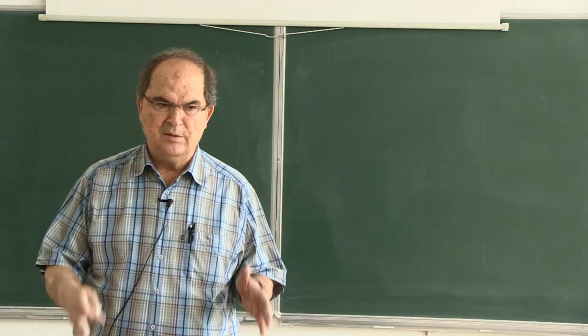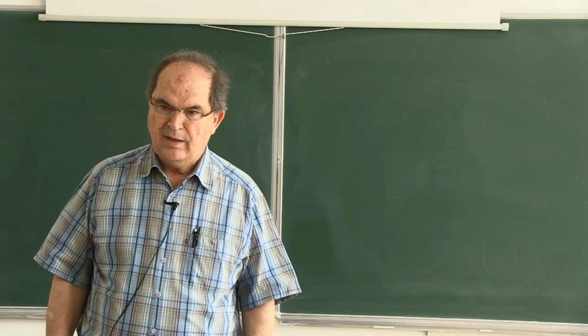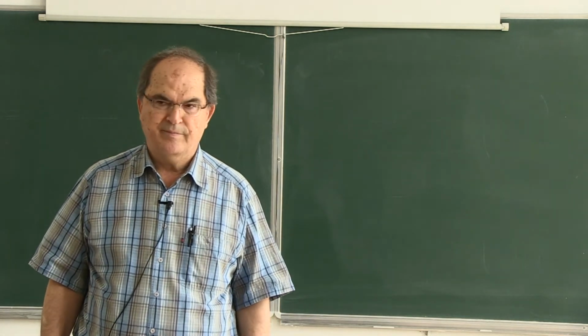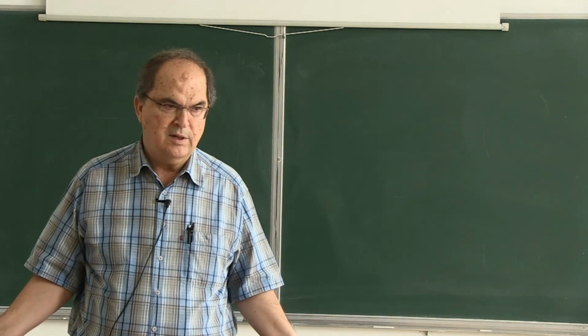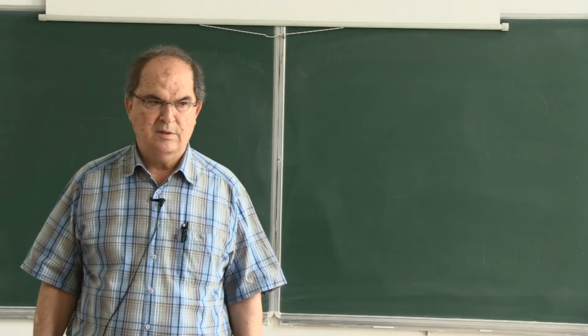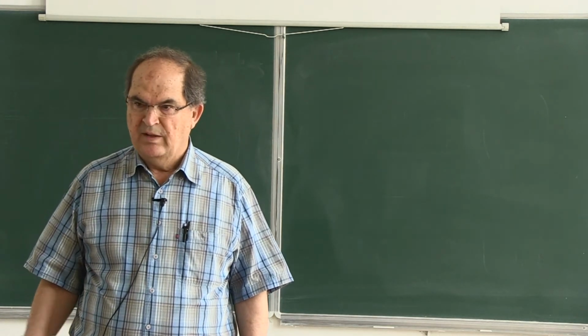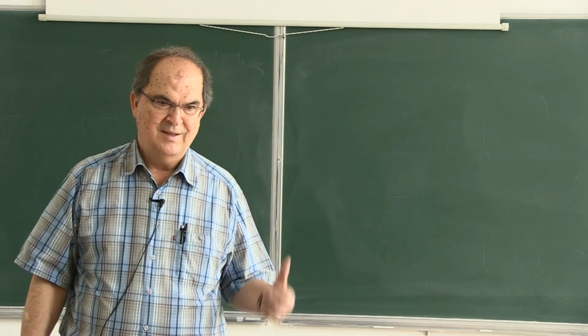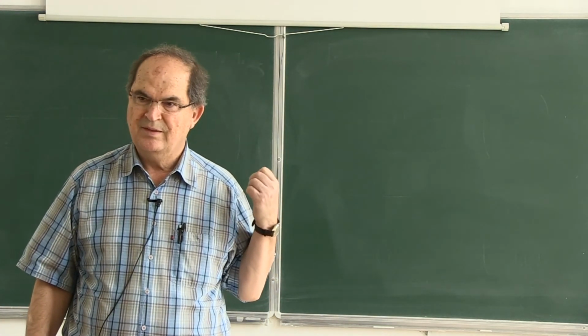It will be inside the box, and the potential energy can be taken to be zero. It will be all kinetic energy, isn't it? P squared over 2m in the box. Remember, we have to know the Hamiltonian in this quantum statistics.